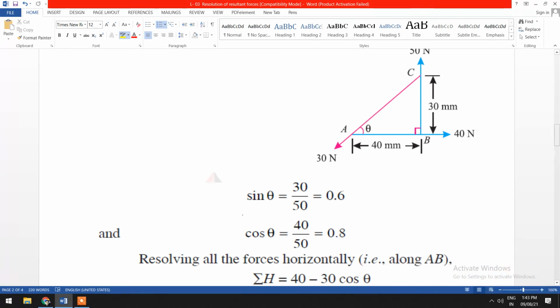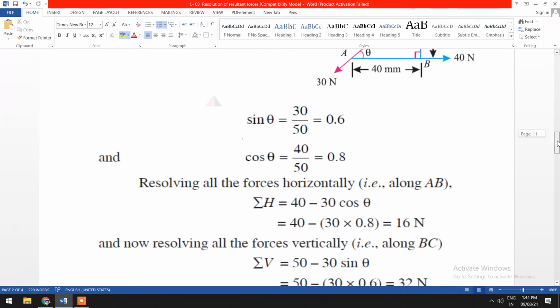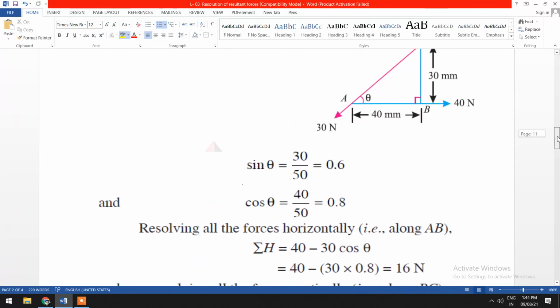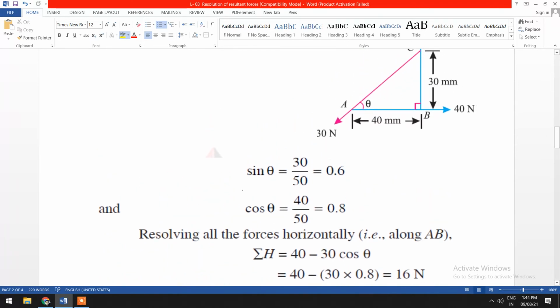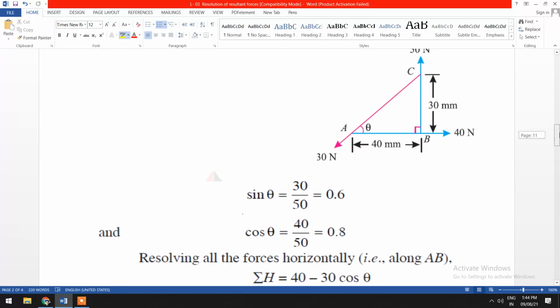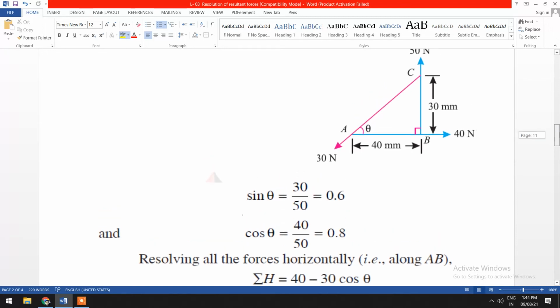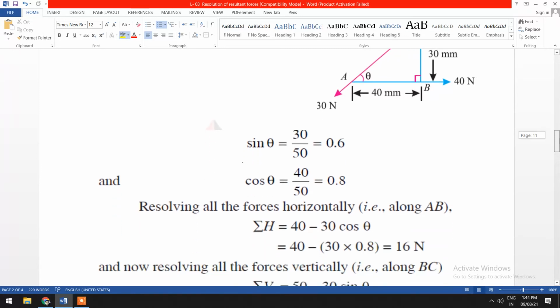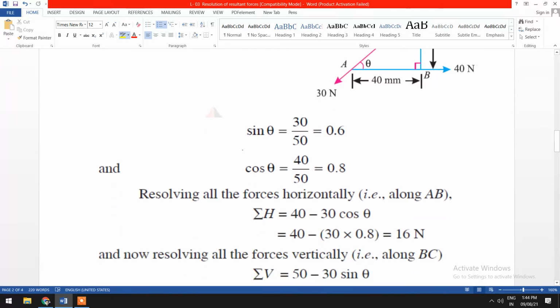Now we have to find the summation of horizontal components. From the figure we can see that at point B a 40 Newton force is acting in the positive x direction, and at point C no force is acting in the x direction. At point A, the 30 Newton force is acting at an angle theta, so this force is resolved into two components: 30 cos theta, and 30 sin theta acting in the negative y direction.